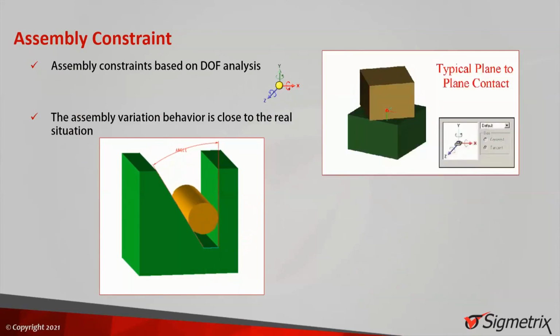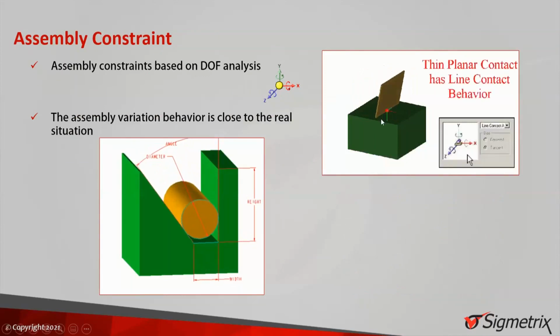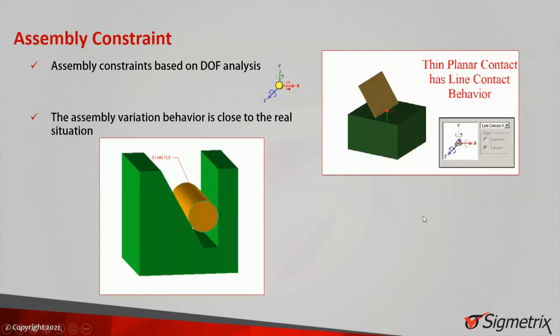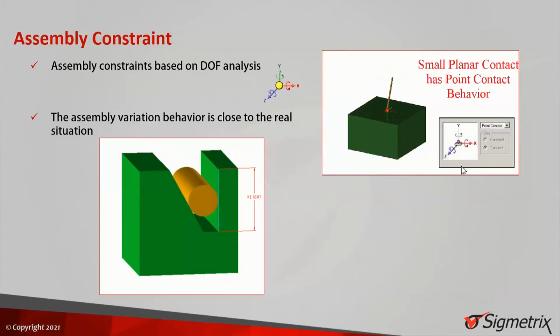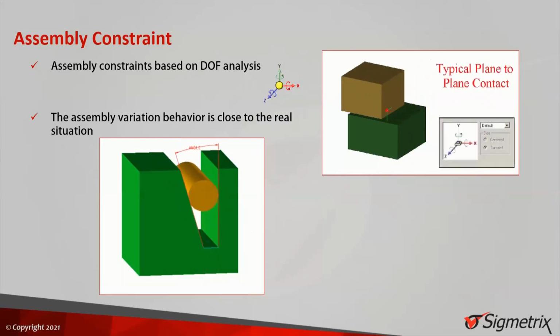For example, okay, this is the 3D model. When you select two planar surfaces, it may bring a different physical constraint, maybe planar contact or line contact, even point contact. So it will be based on your design intent.